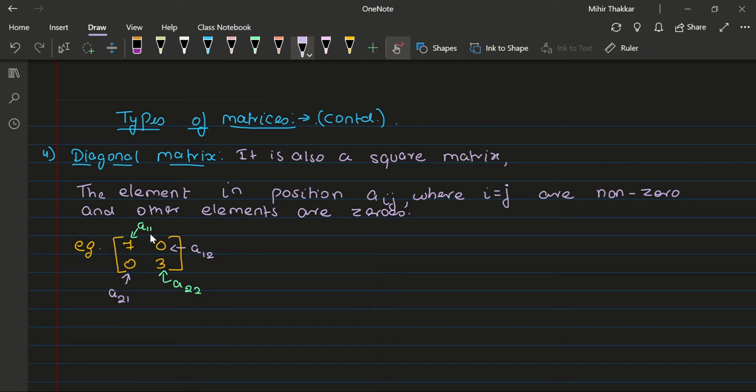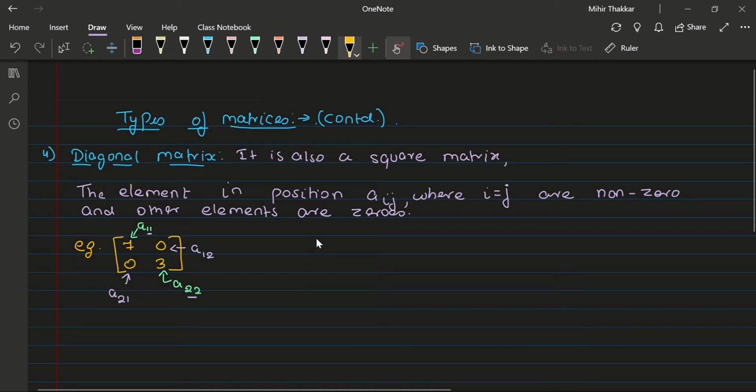So if you observe, when i and j are equal, it means 1 and 1, again i and j are equal, A22. In these positions, we are having non-zero numbers, whereas in the remaining positions where i and j are not equal, A12, A21, because we are having 0, therefore this kind of matrix can be called a diagonal matrix.